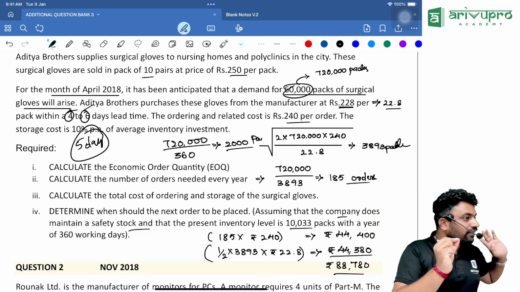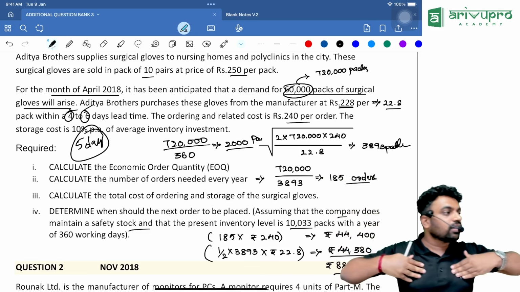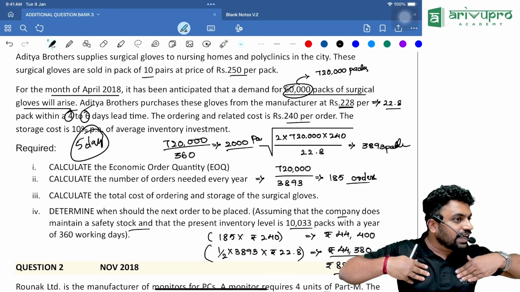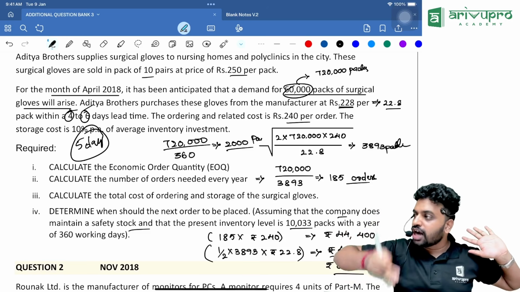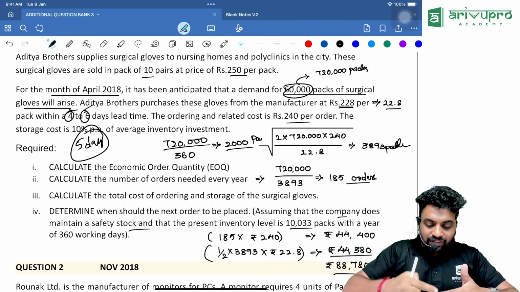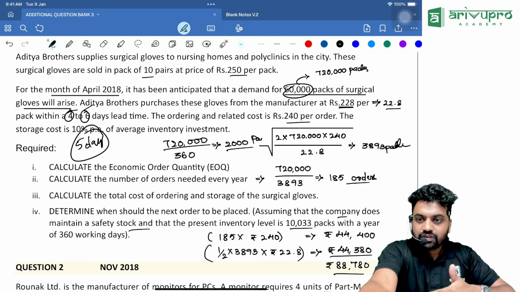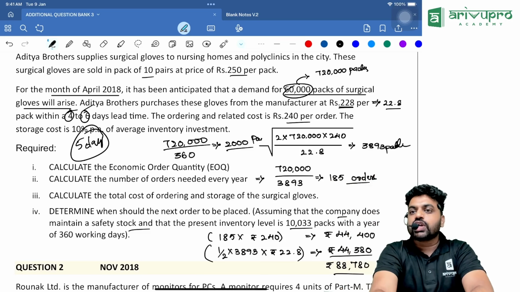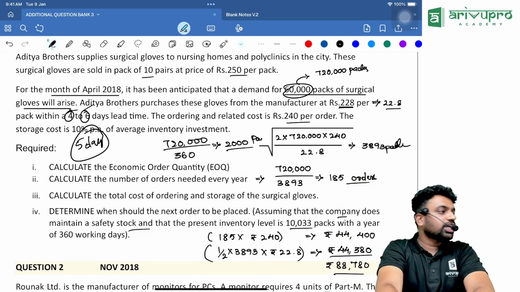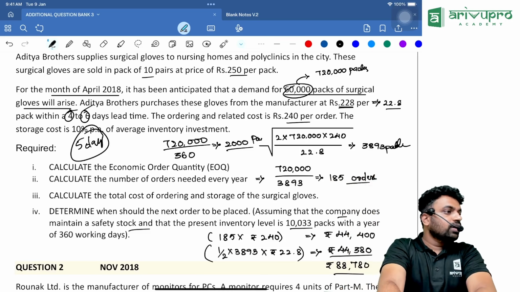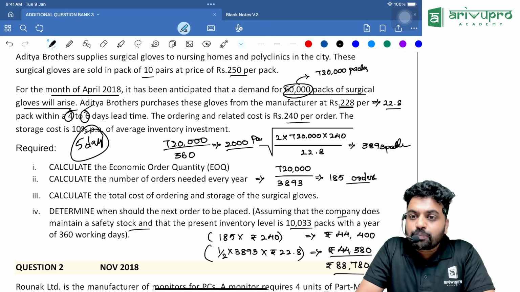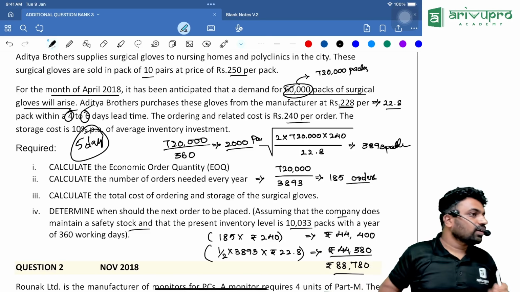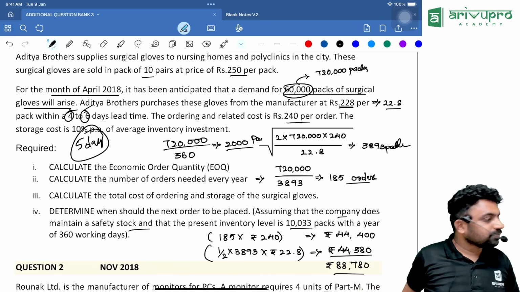Only choice we have is, assuming our vendor takes 5 days to supply our order, we have to place the order immediately. So when we consume in next 5 days, we will empty it immediately. The new stock will come into the picture. That's why the next order, it is better to be placed immediately.